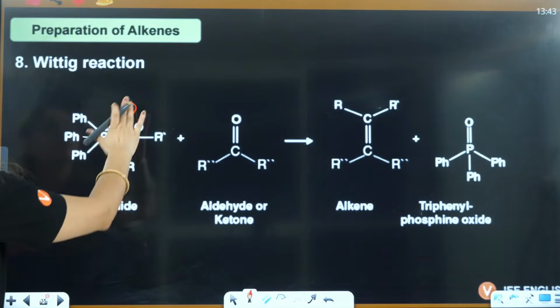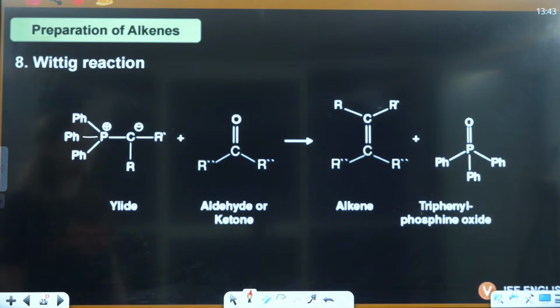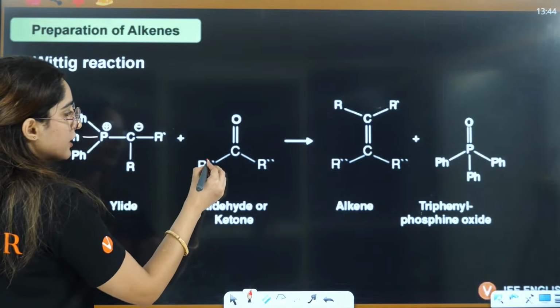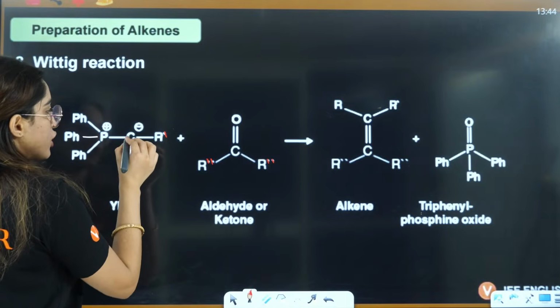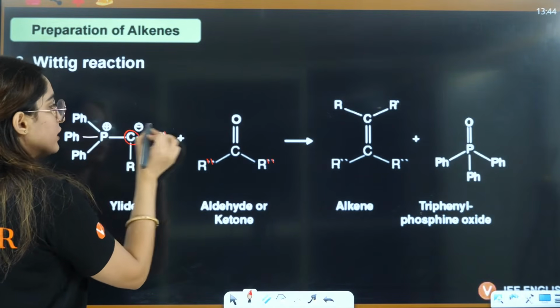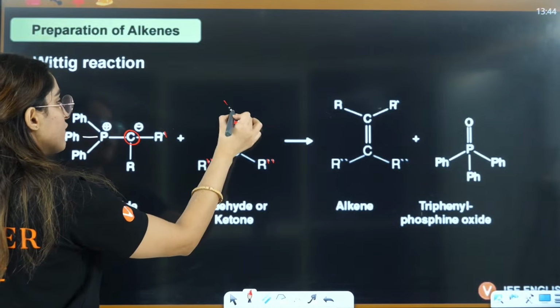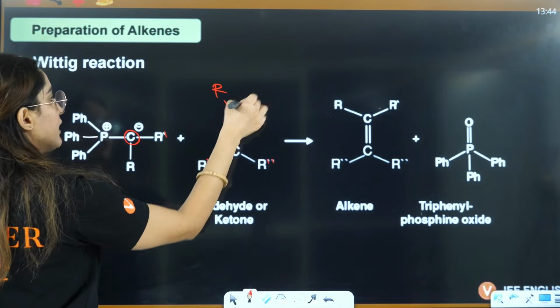Wait a minute, double bond O is already there, no? Yes. See, you have this compound here, this is R double dash, this is R dash, this is R. So this carbon here will be connected here, you will have R and R dash.